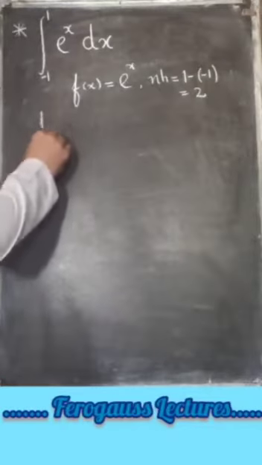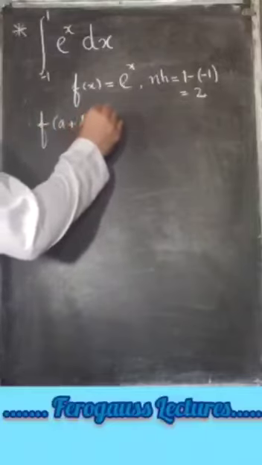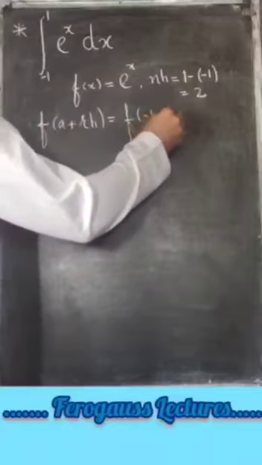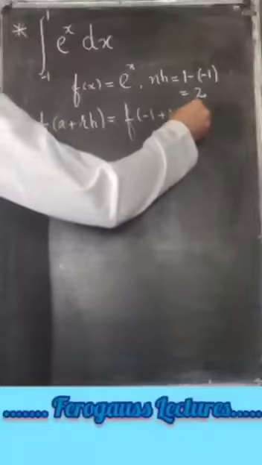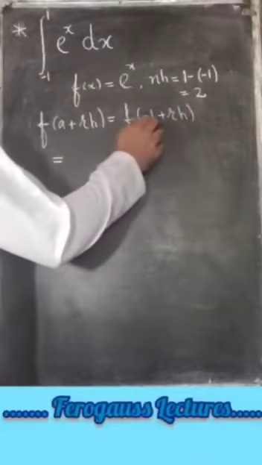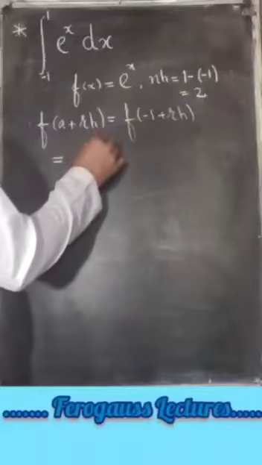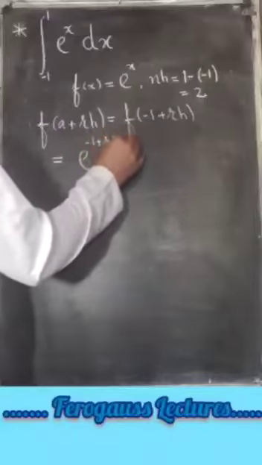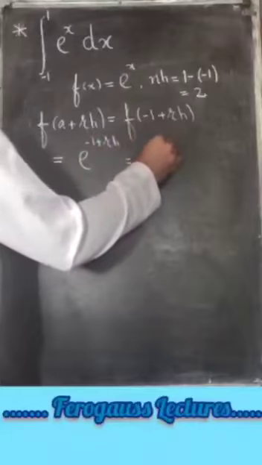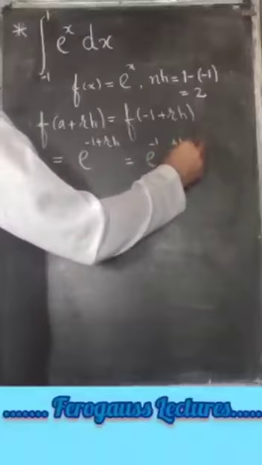Also, f of a plus rh, that is f of minus 1 plus rh, is equal to, now replace x by minus 1 plus rh, we get e raised to power minus 1 plus rh, or that is further equal to e raised to power minus 1 into e raised to power rh.